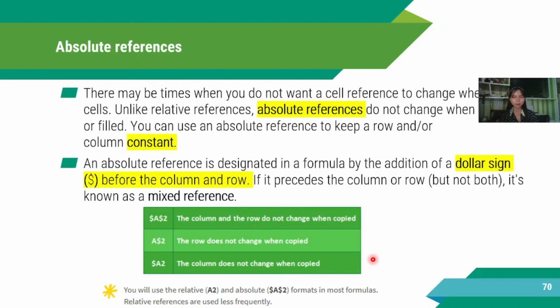So, pwede ra ang row number and then yan ang column. So, na siya mixed references. So, we'll use the relative A2 and absolute $A, $2 formats in most formulas. Relative references are used less frequently.